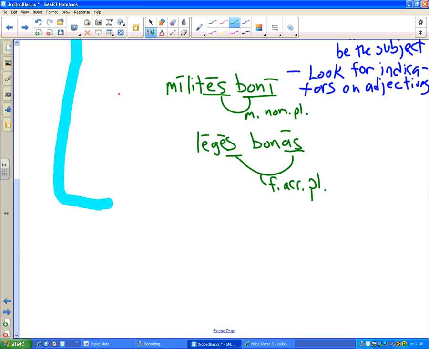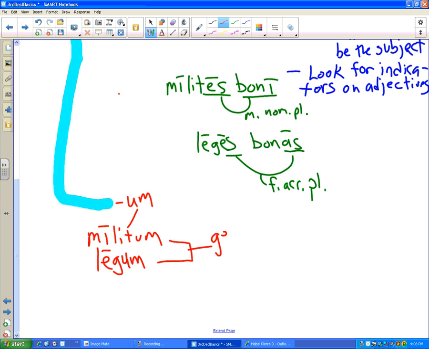So on a third declension noun, the ending um, say on militum or legum, these endings have to be thought of as being genitive and plural. Again, masculine or feminine, doesn't matter with these third declension nouns.